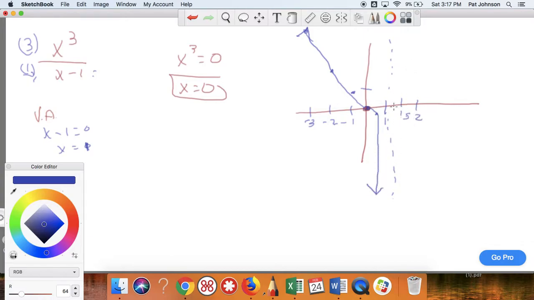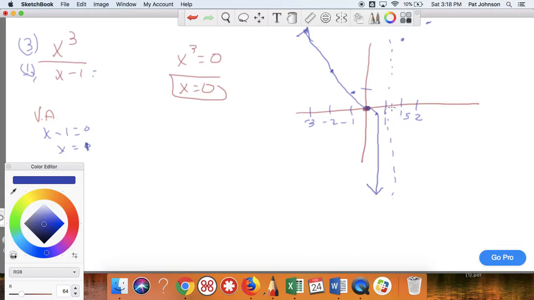Now we have the other side. If we put in 1.5, we're going to get, I don't know, 6.75. If I put in 2, I'm going to get 8. If I put in 3, I'm going to get 5, so I'm going to go up even higher. But remember, it only has 1 zero, so it cannot come down.